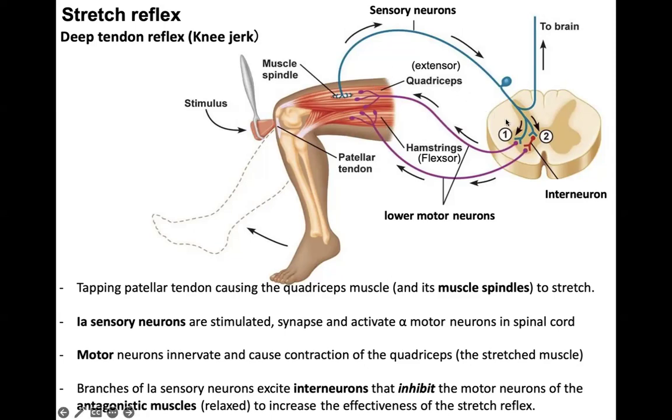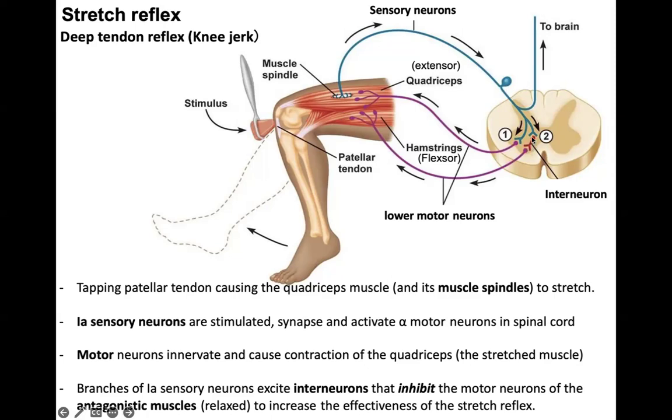In this reflex, you see a second branch of the sensory neurons right here, number two, that synapses to an interneuron, okay? And this interneuron is an inhibitory interneuron.